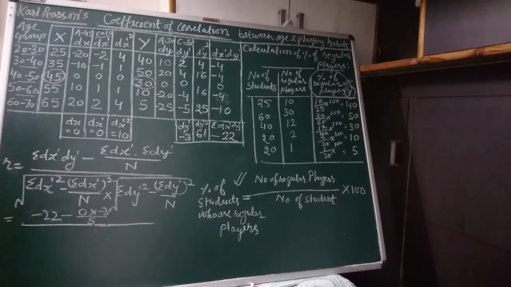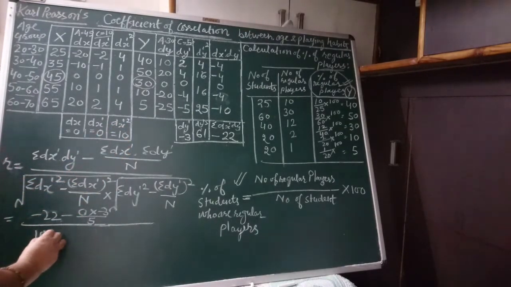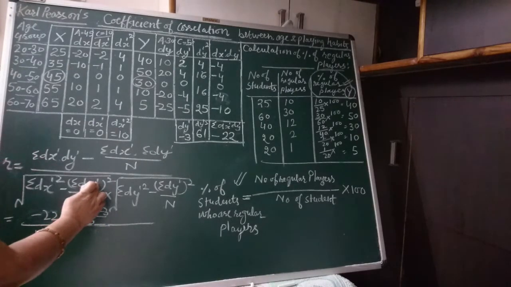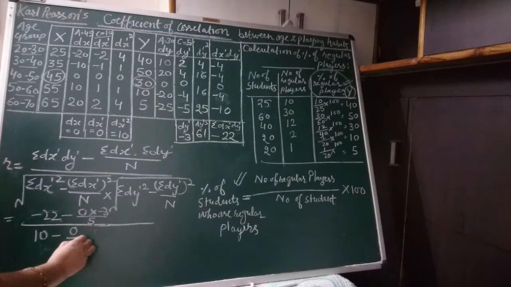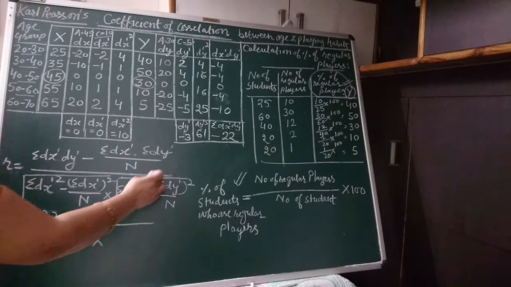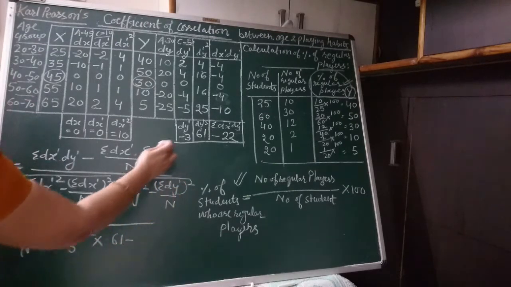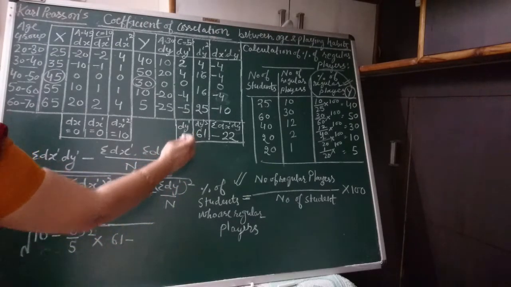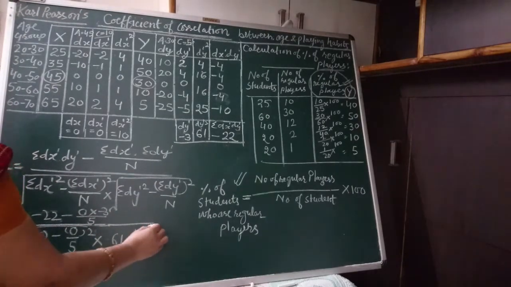Next, sigma dx dash square is equal to 10 minus sigma dx dash, 0, divided by 5, whole under root, multiplied by sigma dy dash square, which is 61 minus minus 3 whole square divided by 5, whole under root.